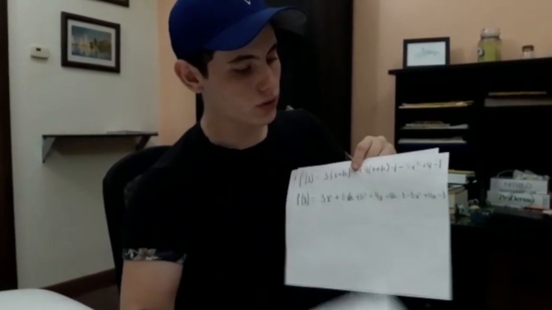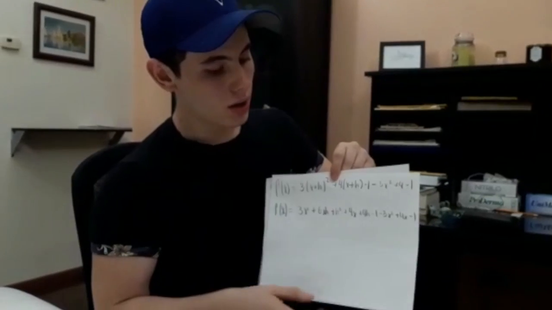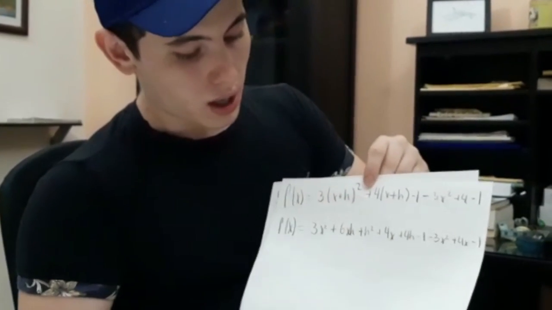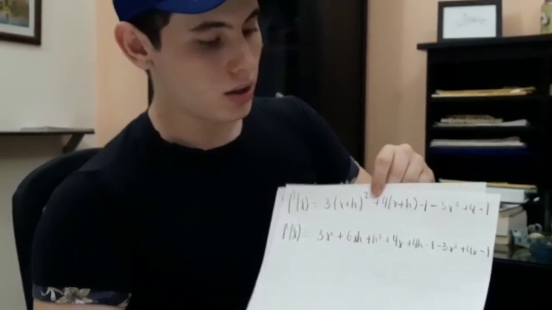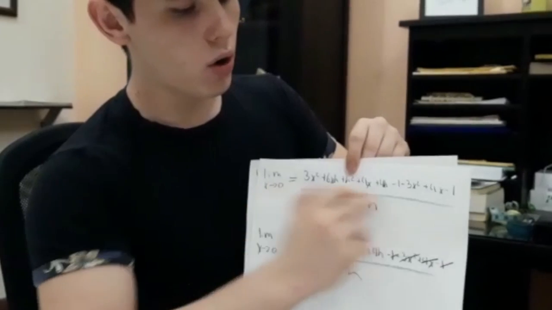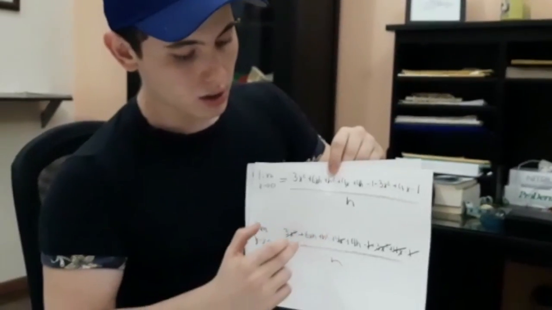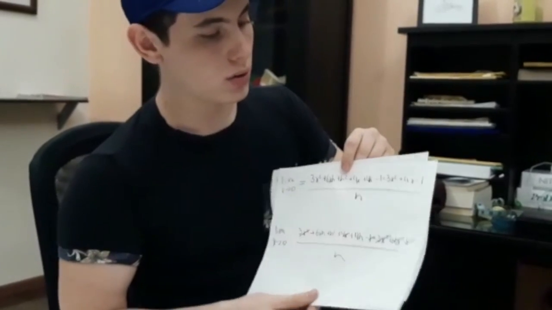So the first step, as you can see, is that I plug in the formula, and the second step is just multiplying the x's and the h's. The third step, I will divide all by h, and I will cancel the terms that can be cancelled.